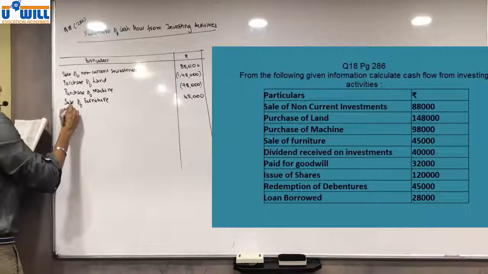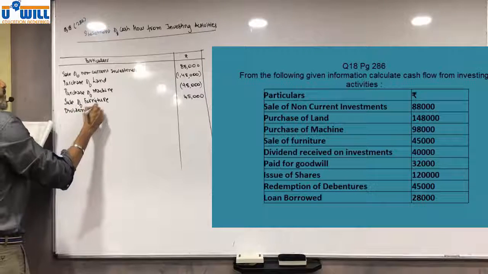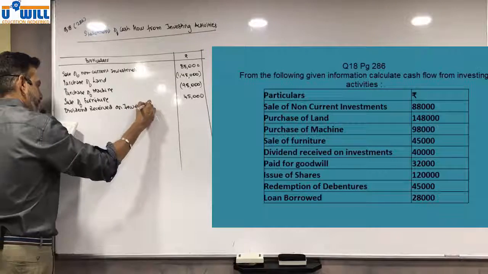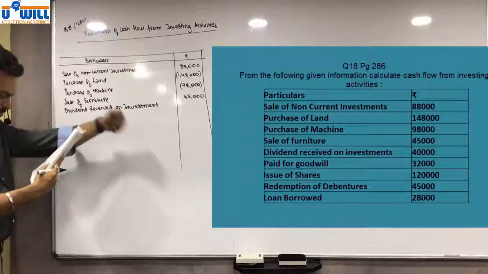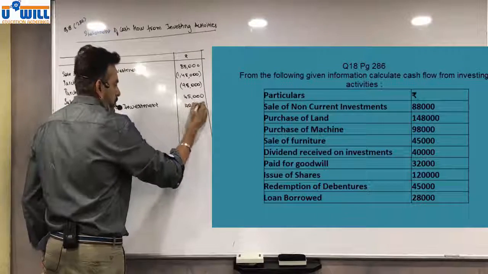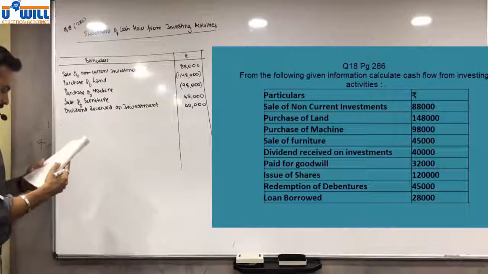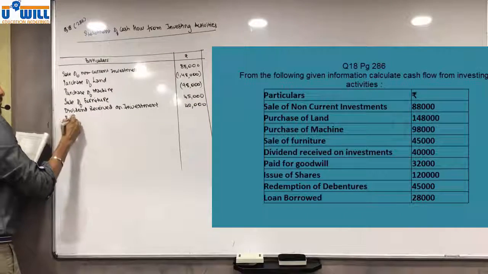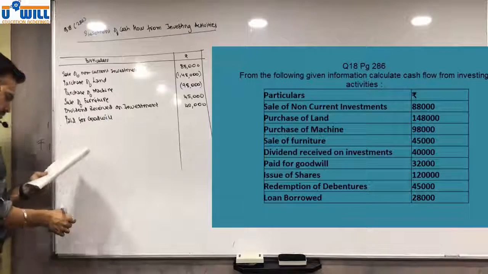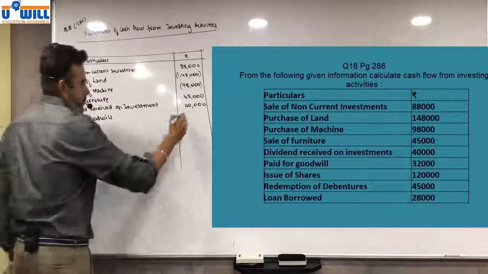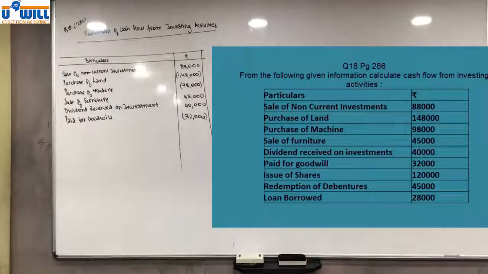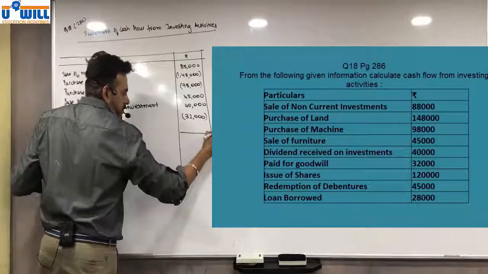Dividend received on investment, $40,000. Paid for goodwill. It means we are buying goodwill. $32,000. Cash goes out. Negative. That's it. Do the totals.